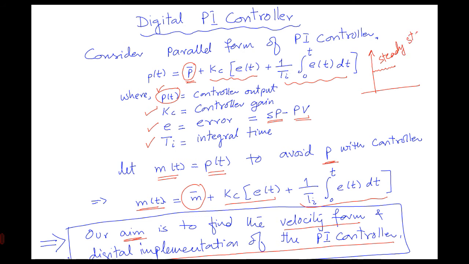What we have is a constant value of the valve, and after that there might be some error with respect to time, if this is some kind of a load or disturbance.